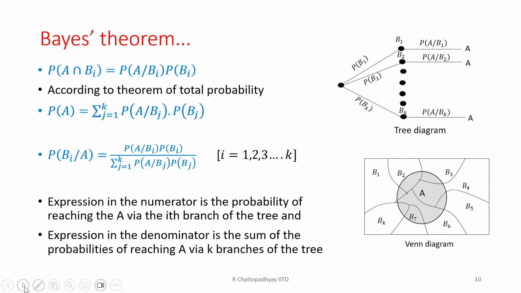So how do we find out, given that the item is defective, what is the probability that it is coming from factory Bi, where i could be 1, 2, 3, 4 up to k? So how to go about it? Now P(A intersection Bi) I can write as P(A given Bi) into P(Bi).